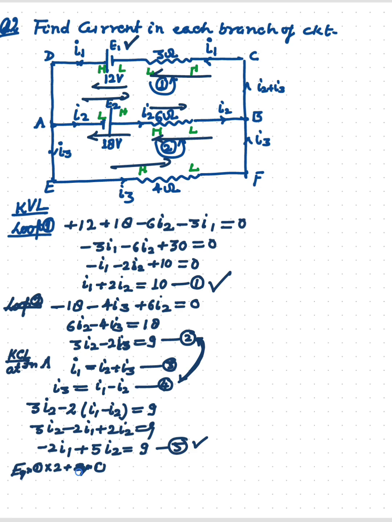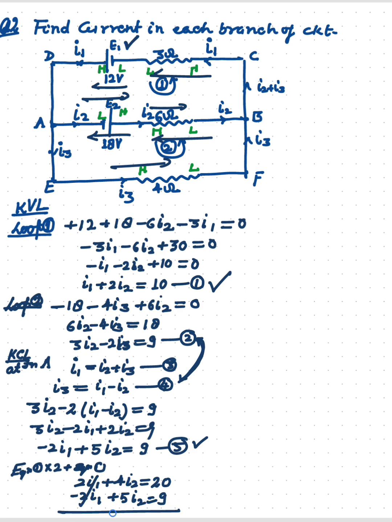So this will be 2I1 plus 4I2 equals 20, in equation 1 multiplied by 2. Clear? And equation 5 is minus 2I1 plus 5I2 equals 9. So let's solve this, cancel out.